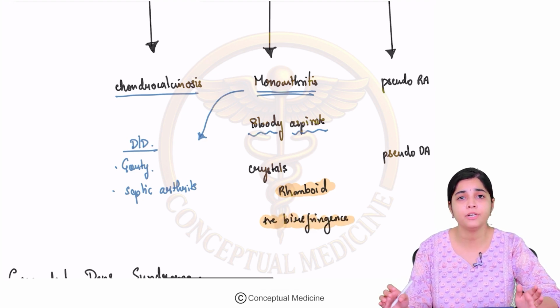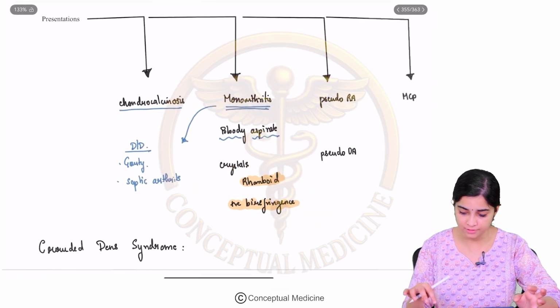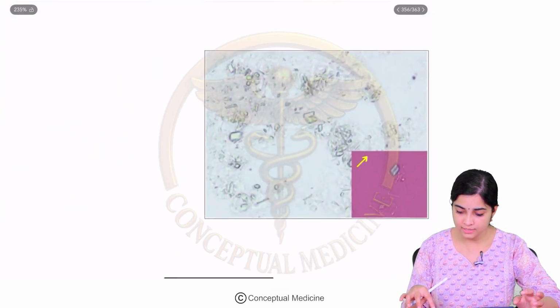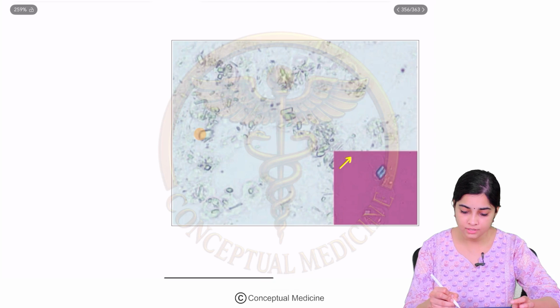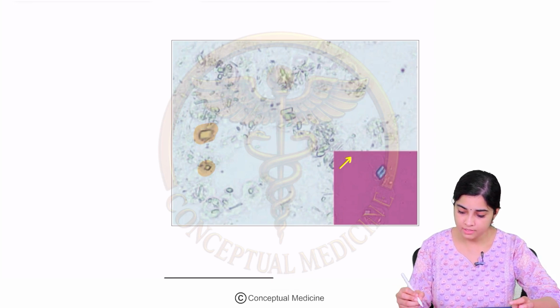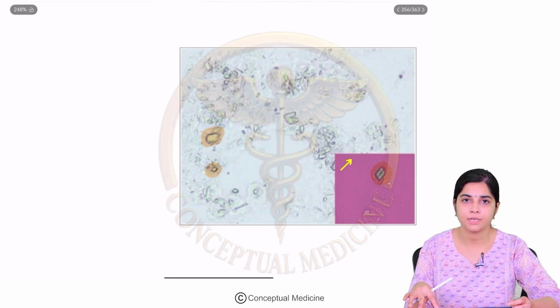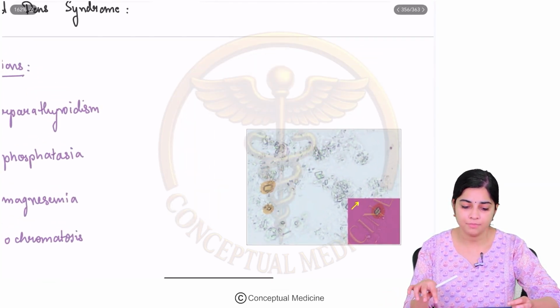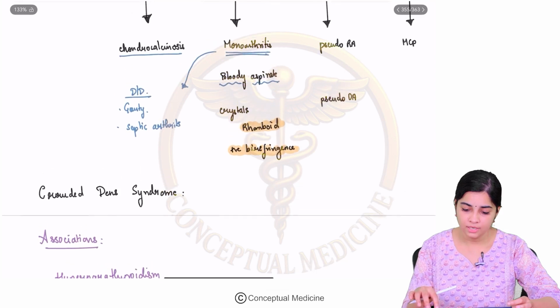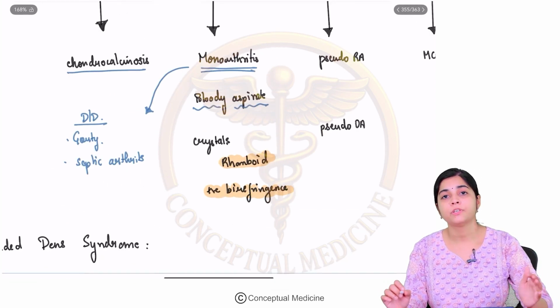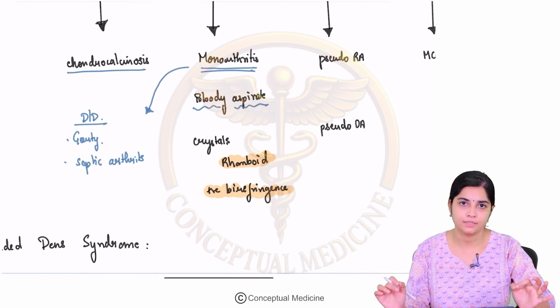You get rhomboid shaped crystals with positive birefringence. This is exactly the image showing here, rhomboid shaped crystals showing positive birefringence under polarized microscopy. That is your CPPD disease, and this is how you differentiate it from gouty arthritis.